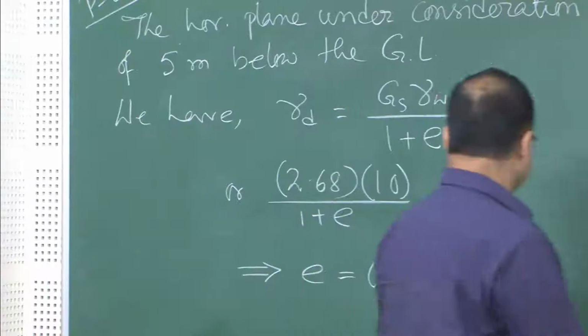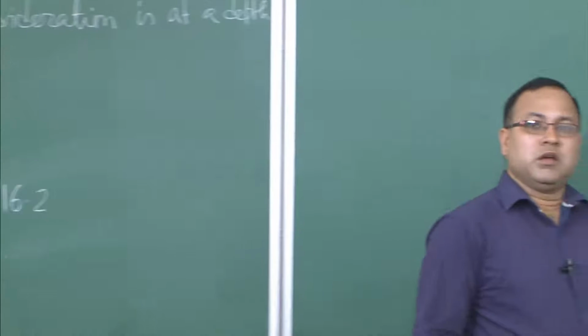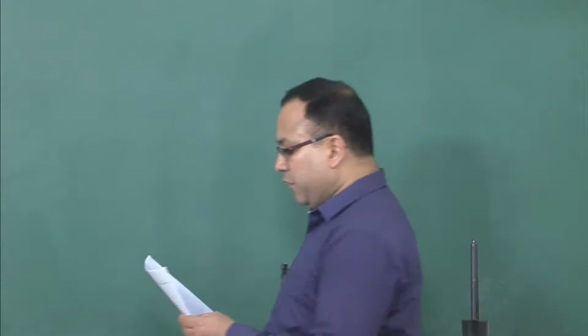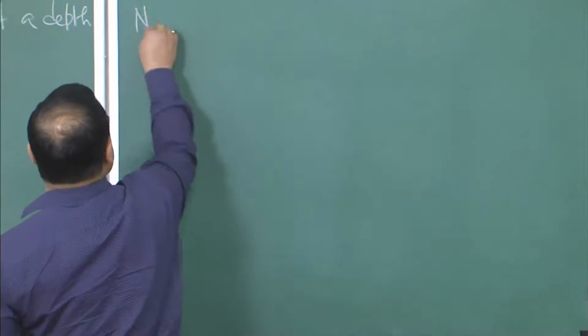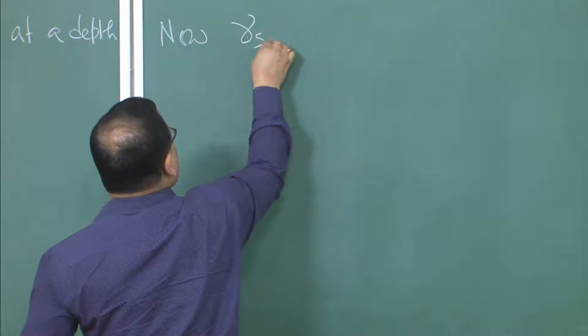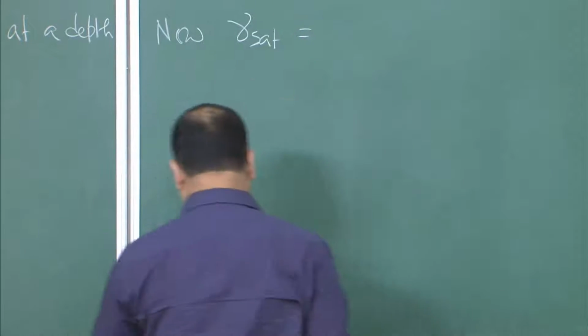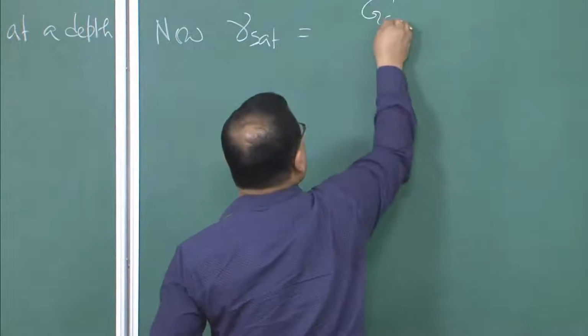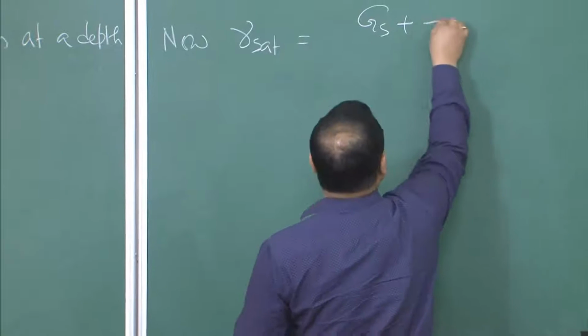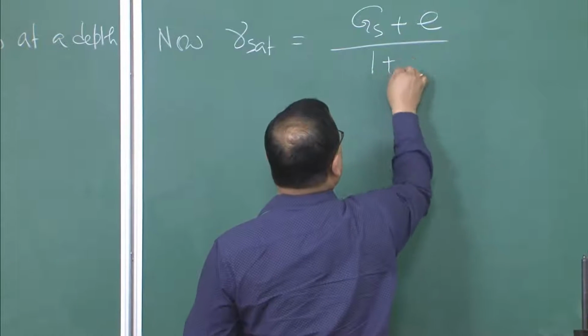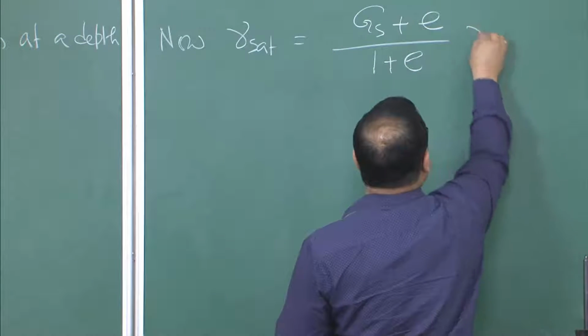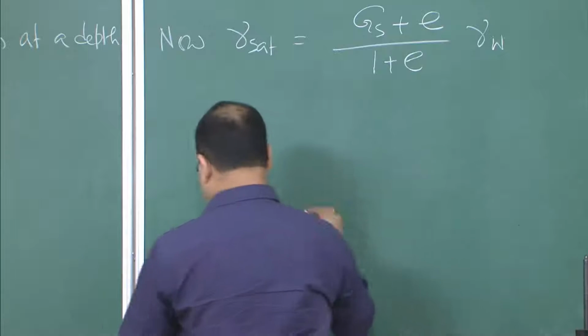Once we know the void ratio of the soil, then we can find out gamma saturated, because these are the things we need. So, gamma saturated is given by the expression known from your earlier discussion, into gamma w.